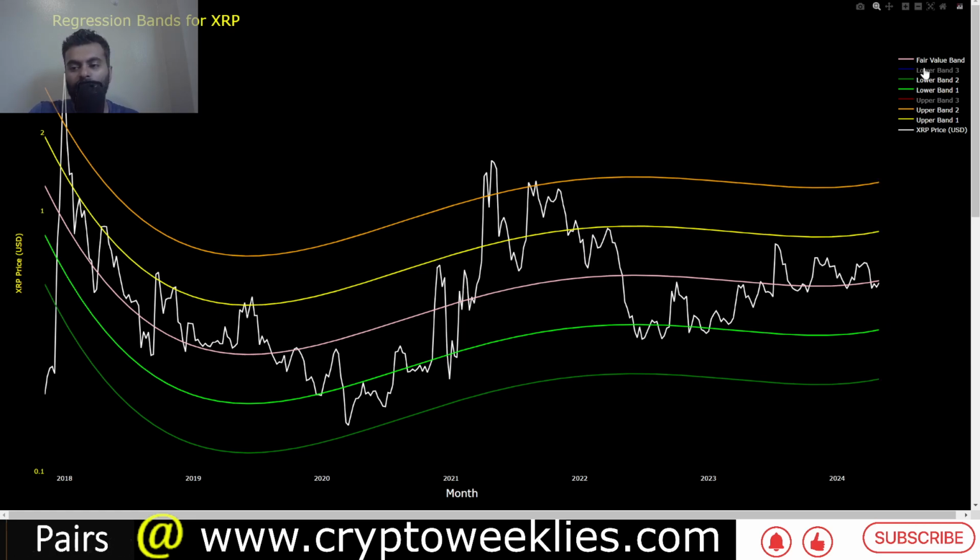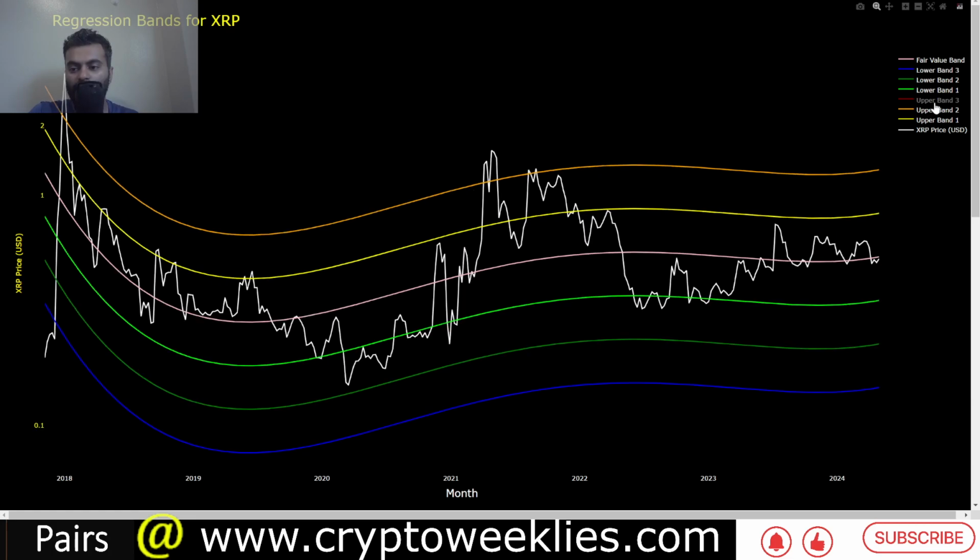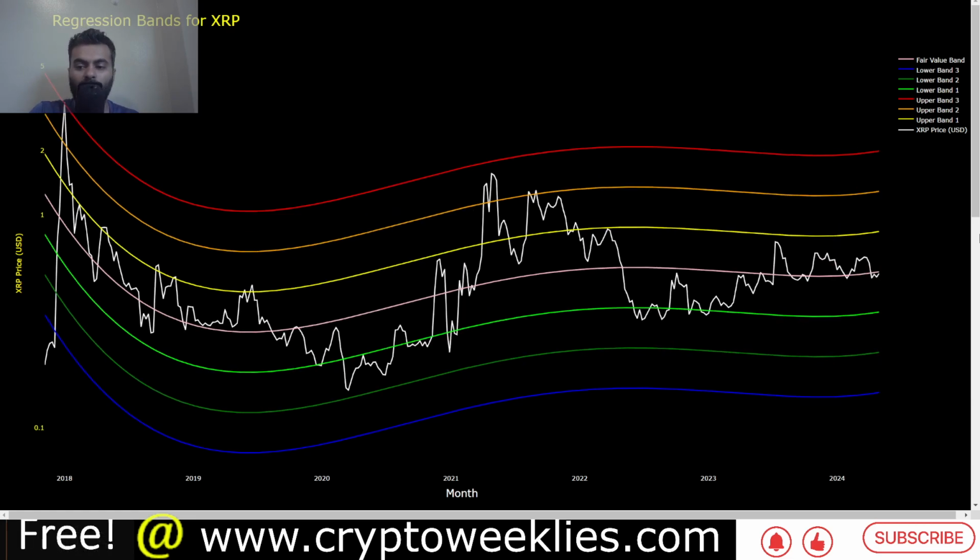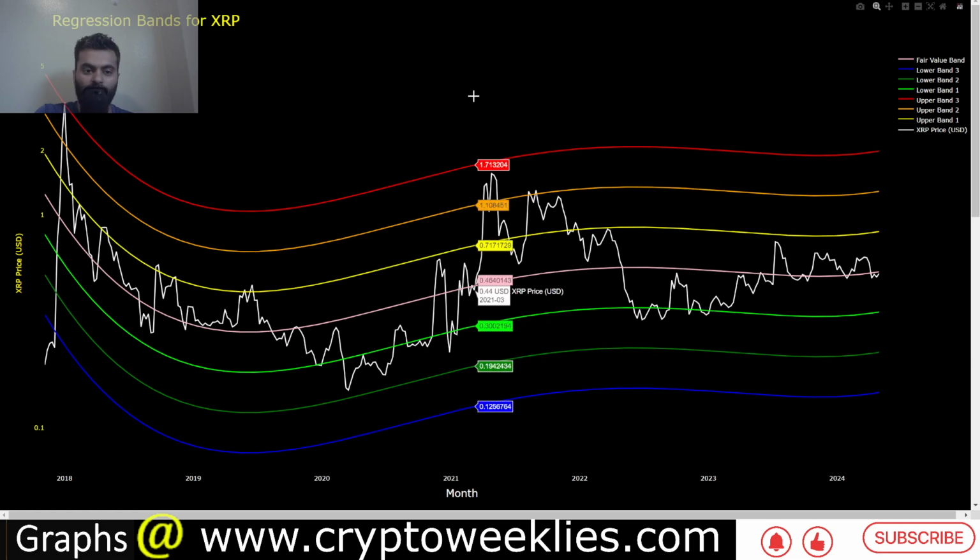This is a way to evaluate if we are closer to a top, if XRP is overheated or very undervalued. This is one way to identify price points, entry points or exit points. That's the purpose of this regression band.